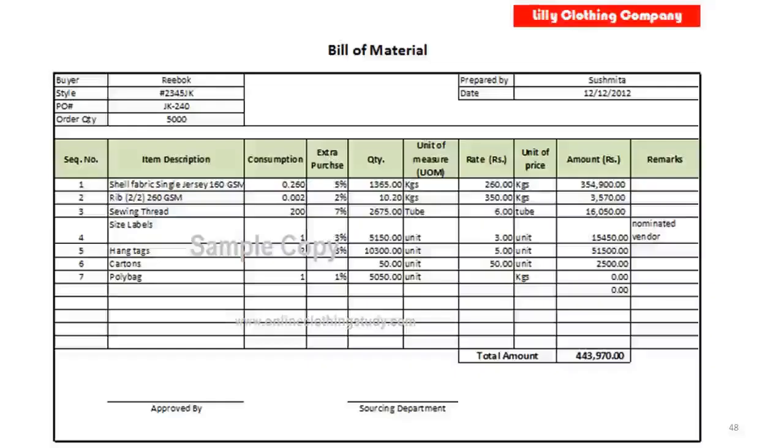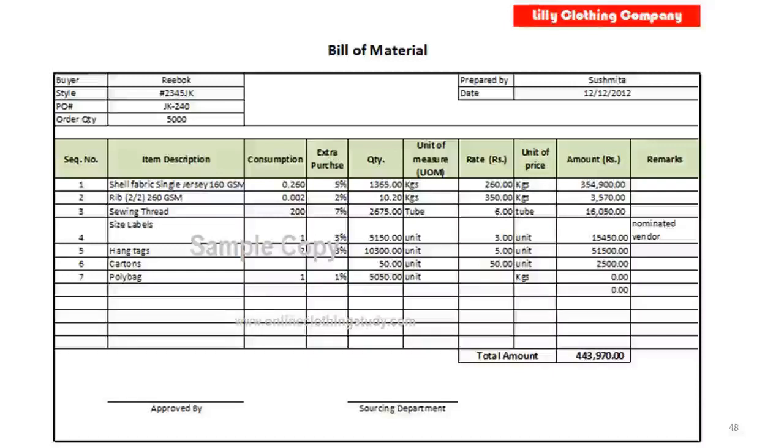If you go to slide number 48, you can clearly see what this bill of material looks like. This is a sample template of Lily Clothing Company. In this you can see the serial number and the item description. The first one says shell fabric is single jersey 160 GSM.